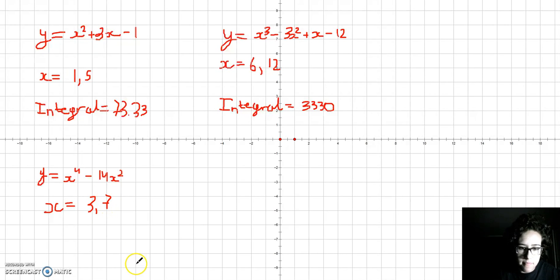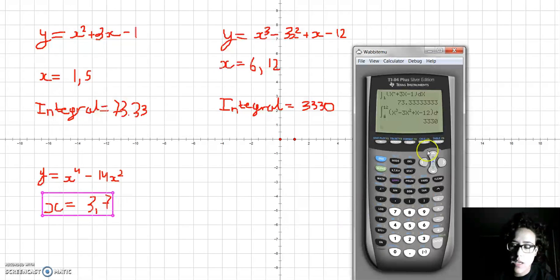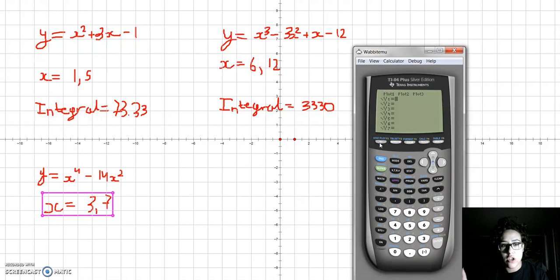So now over here, we get our graphing calculator back. I'm just going to clear out any work that I did before, just so that I don't get confused later on. I go up here to the top left corner and I press y equals. This is where you're going to actually enter in your entire equation.